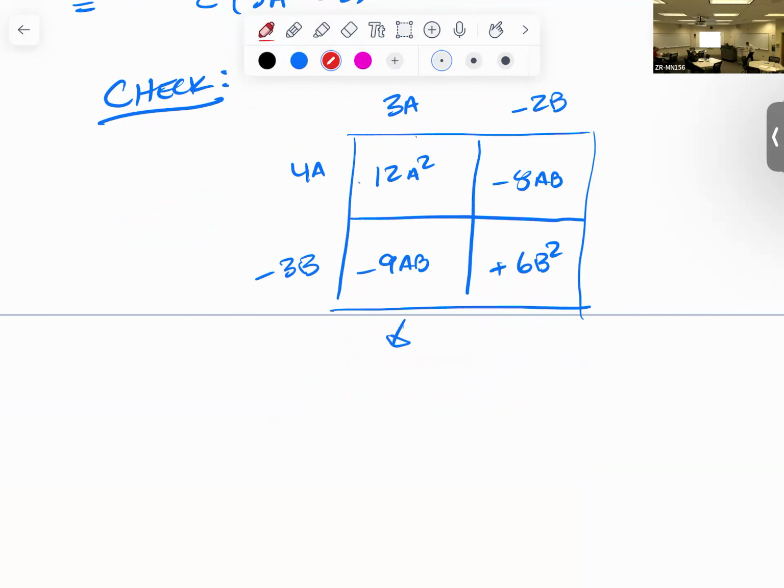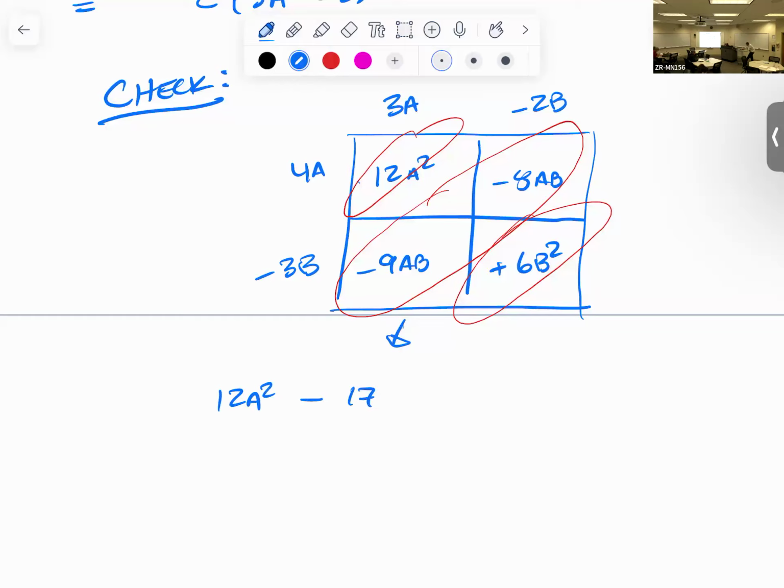When you come out of the box, remember, we love our diagonals: 12A squared minus 17AB plus 6B squared.